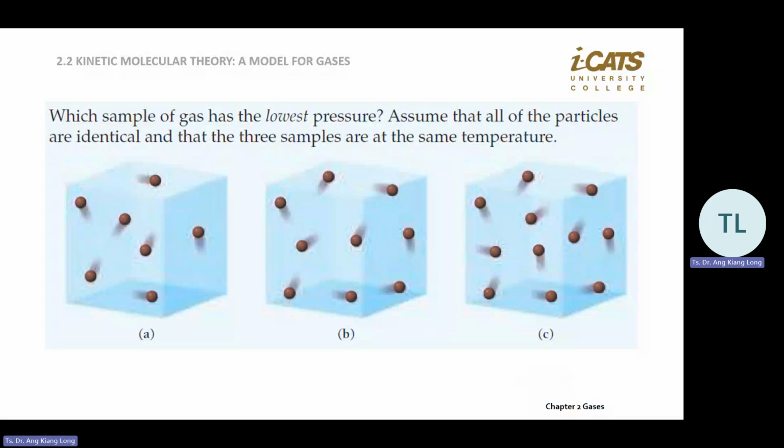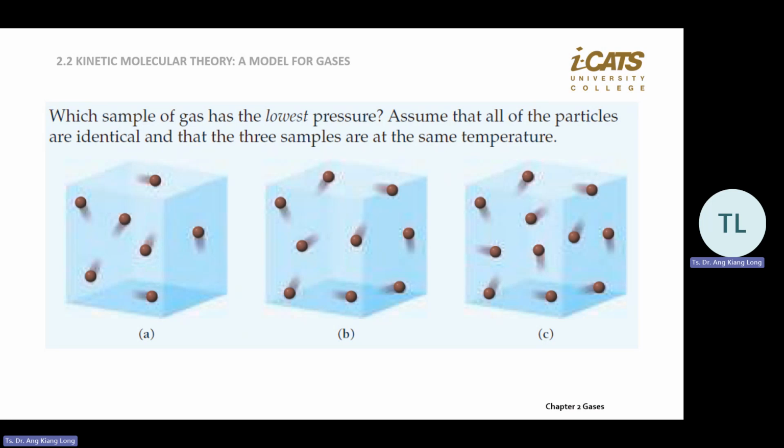If you see this diagram, you should be able to identify which one has the lowest pressure. Just now we only learned one simple statement: if you have low pressure, you have fewer particles.